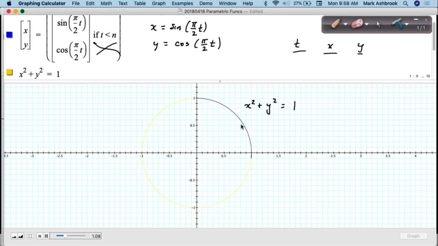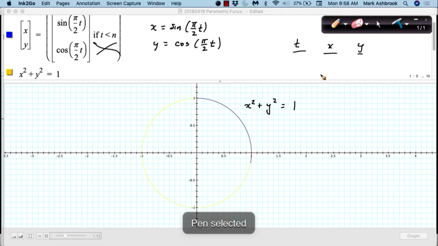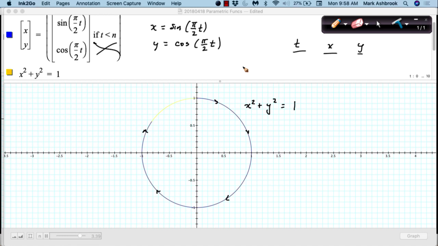But there's one more subtlety to this, and that is that with x and y as a function of t, the curve has direction. There's a way in which the points are generated as t increases. So what is the direction of this curve? This way. What do we say? Clockwise. So this particular parametric function generates the points in a clockwise manner as t increases. Whereas x squared plus y squared equals 1, there's no direction associated with it.